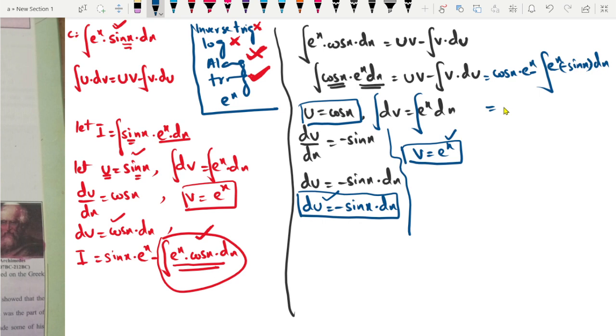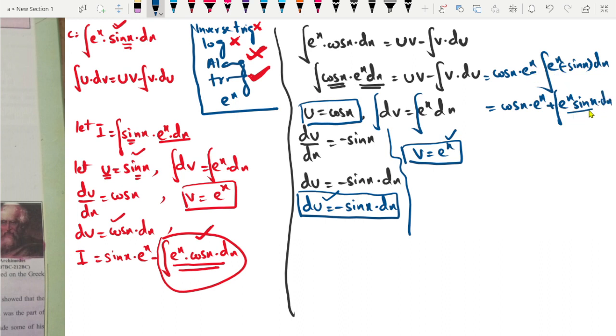So this becomes cos x e^x plus the integral of e^x sin x dx, because the minus sign multiplies with the minus sign and becomes plus.